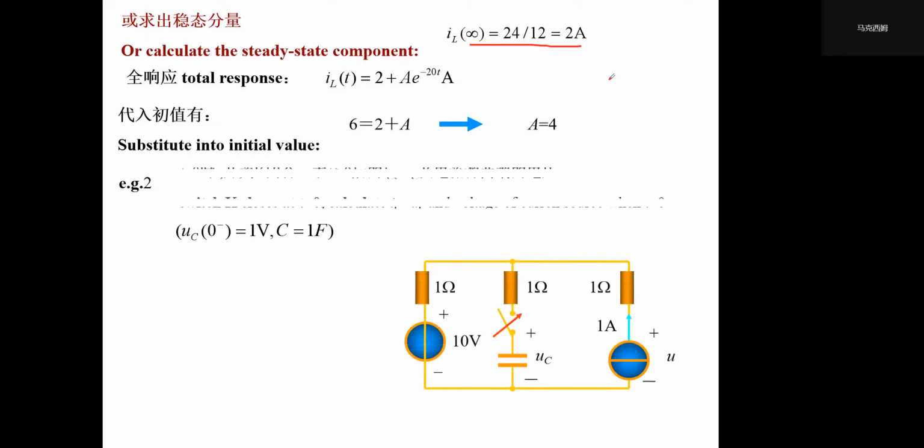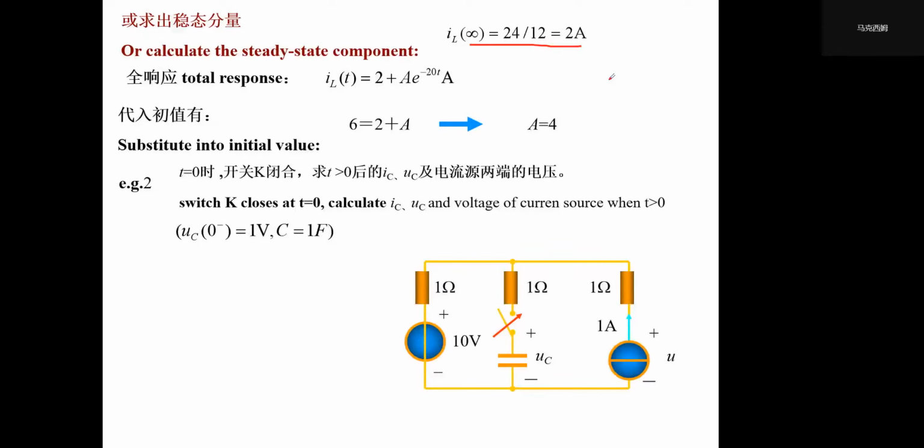Let's see another example. At time 0, we close the switch K, and we would like to know the value of IC and UC of the capacitor, and the voltage of the current source.